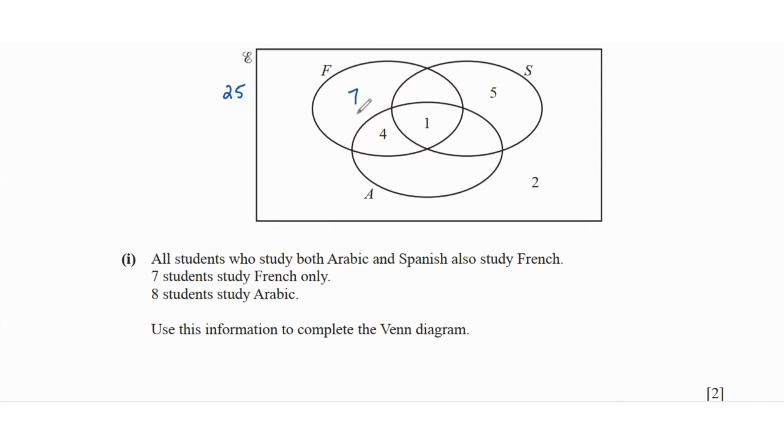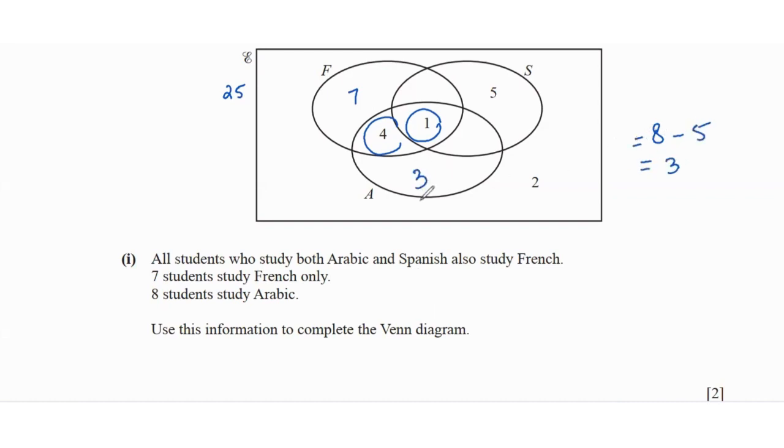Then it says 8 students study Arabic, which means it's going to include this as well. So if there are 8 students in total studying Arabic, 5 are already given. 4 of those students study French as well, and 1 student studies French and Spanish as well, which means if we do 8 minus 5, that's going to give us 3.